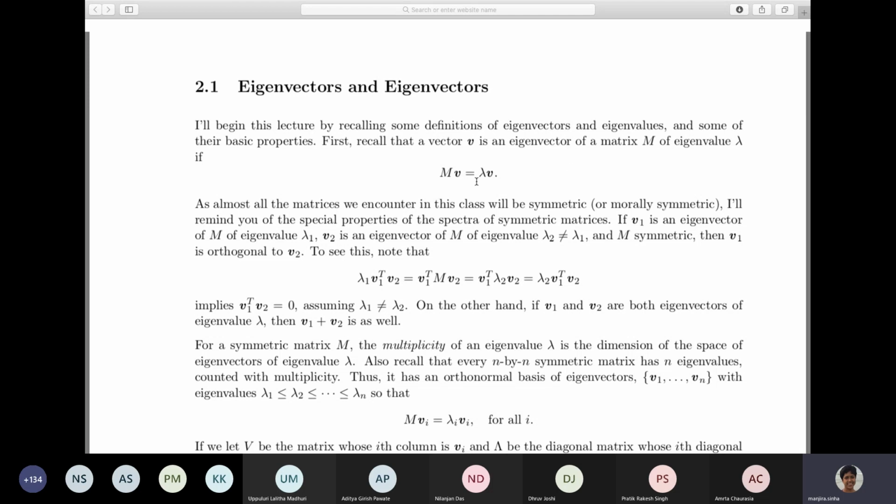The eigenvector and the eigenvalue of a matrix need to satisfy this equation: M into v, this is matrix multiplication, and v is a column vector, equals lambda into v.